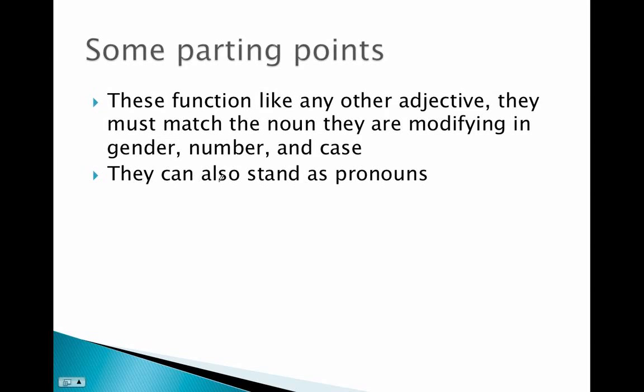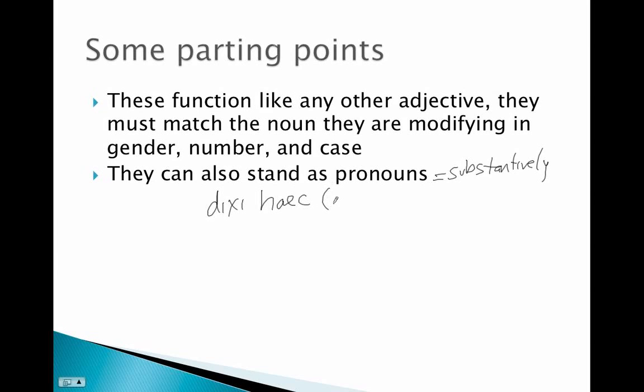These can also stand all by themselves as pronouns. That is, they can be used substantively. So if I said something like dixi haec, I said haec, I said these things. Right?